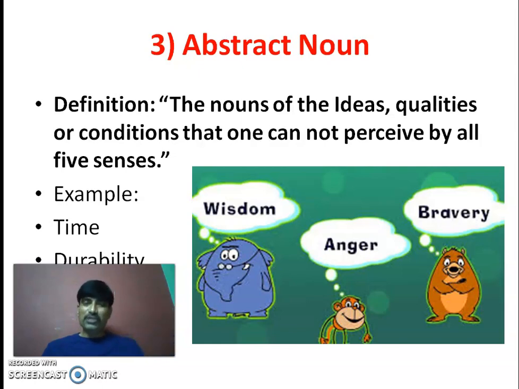No, you cannot see it, you cannot feel it by all your five senses. Five senses means, you all know, touch, taste, eyes, smell and all. So any noun that cannot be felt by five senses is an abstract noun, and mostly the ideas and the qualities, their nouns, come under this heading, abstract noun.